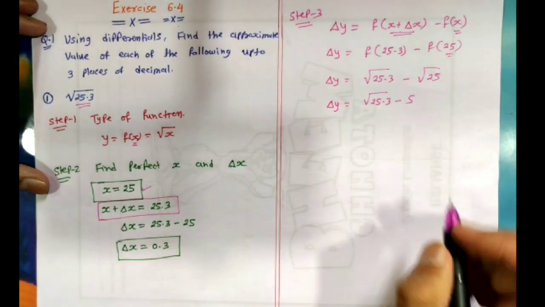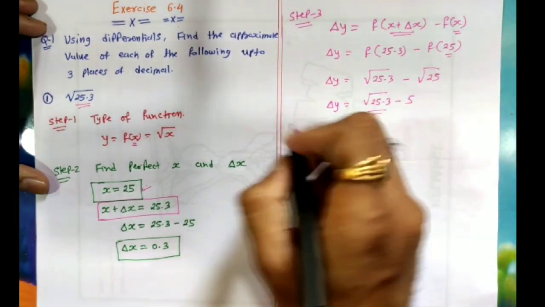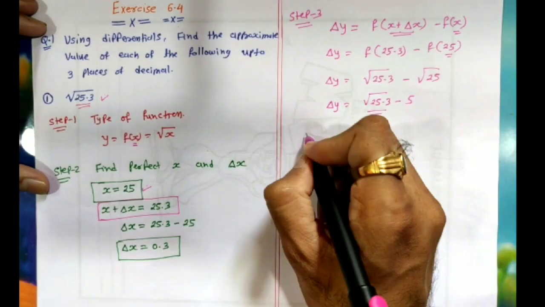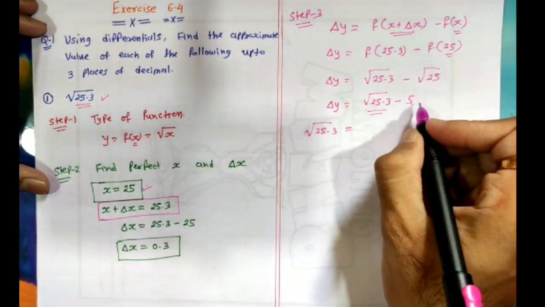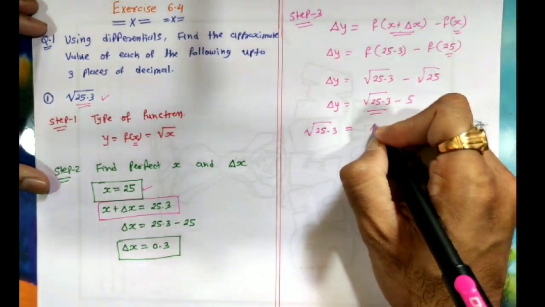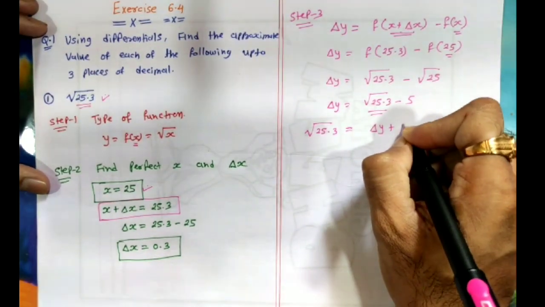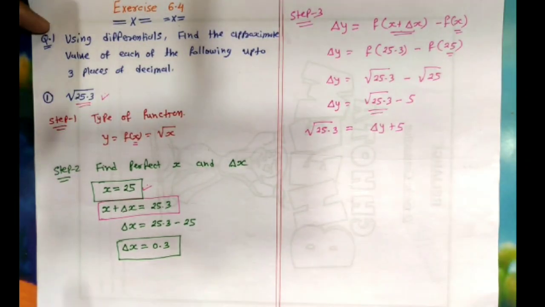Now we can write our given function: the square root of 25.3 equals, taking the minus 5 to the left hand side, delta y plus 5. Clear, students?